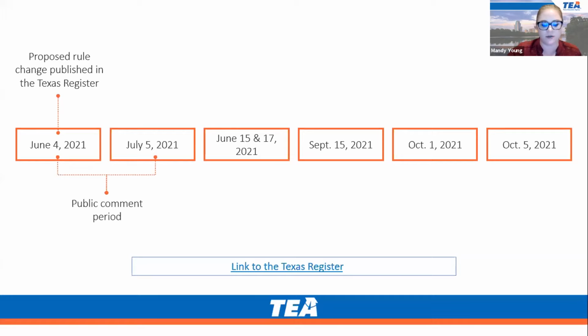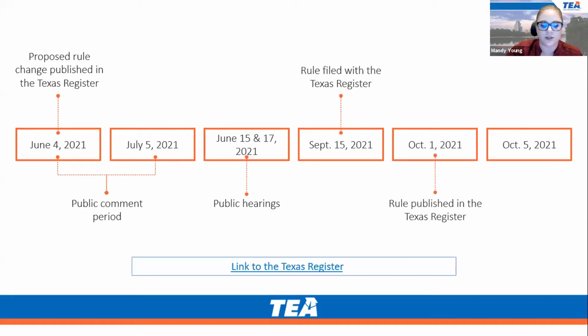And then on June 15th and 17th, there were public hearings. Then on September 15th, the rule was filed with the Texas Register. On October 1st, the changes to those rules, all of the ones that have been approved, will be published in the Texas Register, and then they'll be effective on October 5th of this year.